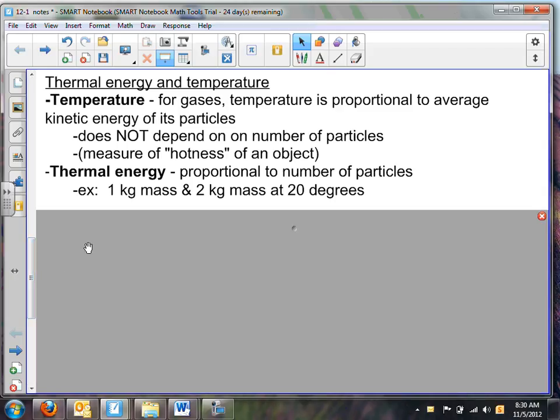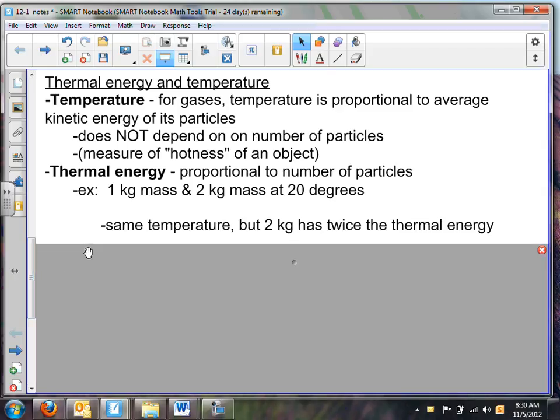However, the 2 kilogram mass has twice as much thermal energy. There's a certain amount of energy in the particles causing them to move around, and if you have more particles, obviously there's more motion, therefore more thermal energy. So if you needed to use that thermal energy for something, there'd be more available in the 2 kilogram mass than the 1 kilogram mass.